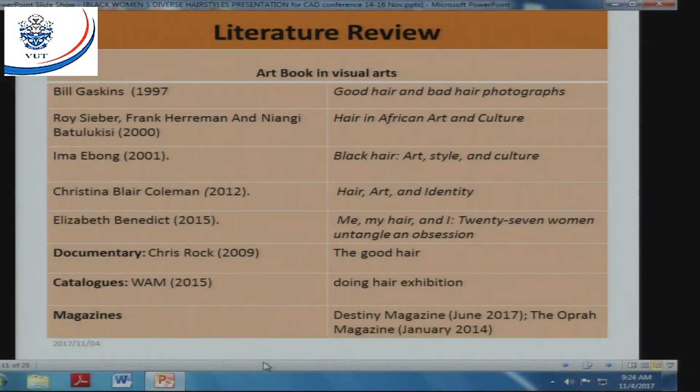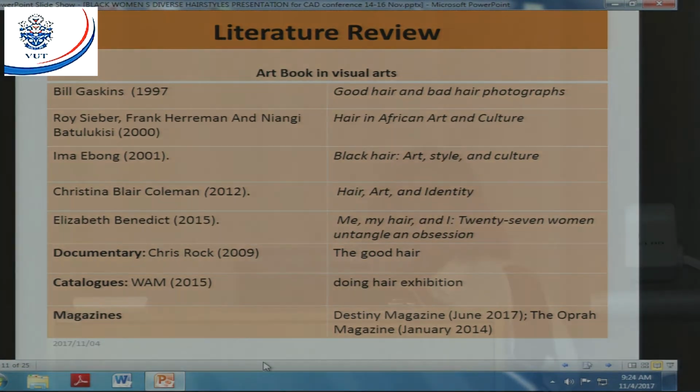Also there's a documentary by Chris Rock, Good Hair. Good Hair gives a historical background of how black hair has been emerging from ancient times to contemporary times. Also an exhibition that I've looked at is Doing Hair, a big exhibition that took place in South Africa at the Wits Art Museum.